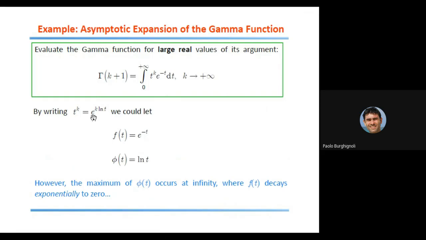The large parameter instead multiplies the function phi, which is now the logarithm of t. However, if you try to do that, you will discover that actually the maximum of phi occurs at infinity, where f(t), however, decays exponentially to 0, which is quite critical because a function decaying exponentially is not in the framework of Watson's lemma, in which you should have an asymptotic power series.